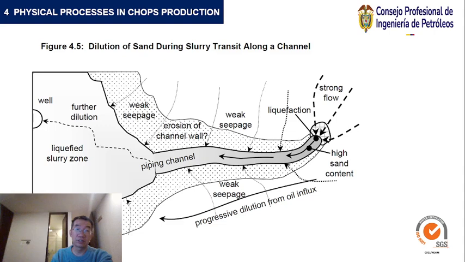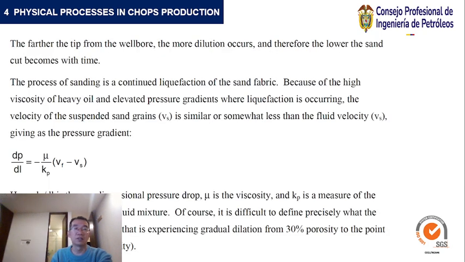This figure shows us the dilution of sand during slurry transit along a channel. The farther the tips are from the wellbore, the more dilution occurs, and therefore the lower the sand cut becomes with time.